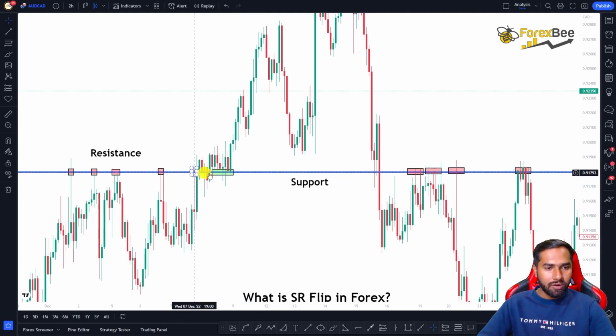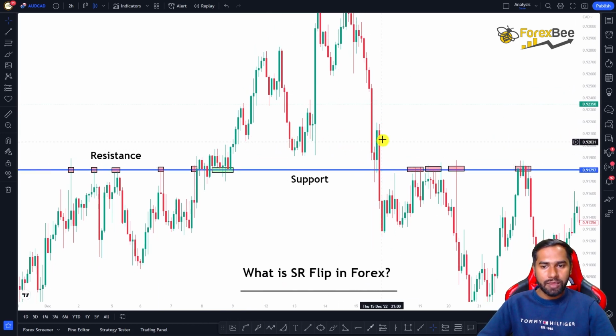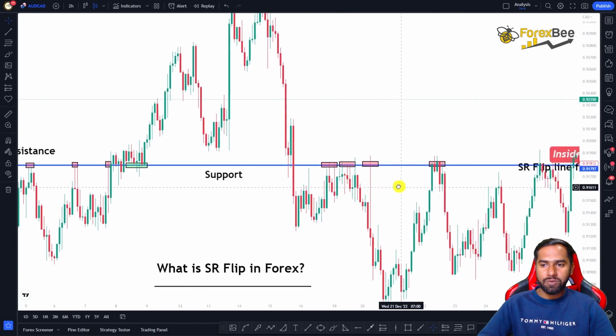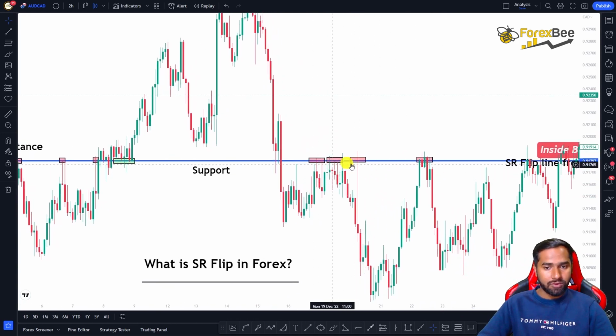As you can see here, from this level the market is getting rejected multiple times, and after that, with this bullish candle, this level breaks and this resistance turns into support. Now again, there is a lot of formation of these wicks at this level, so this level is now acting as a support, and after some time with this big bearish candle, this support level turns into a resistance level again, and then here you can see again the formation of these big wicks or big shadows.